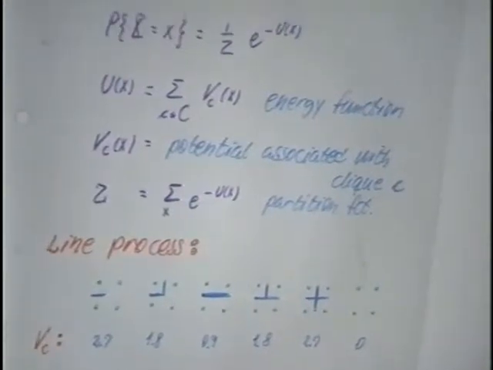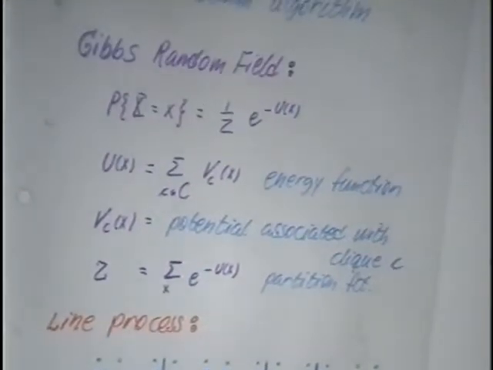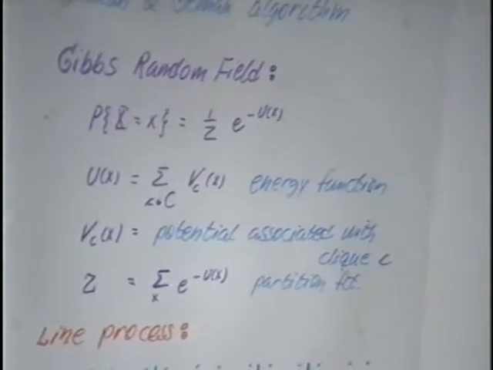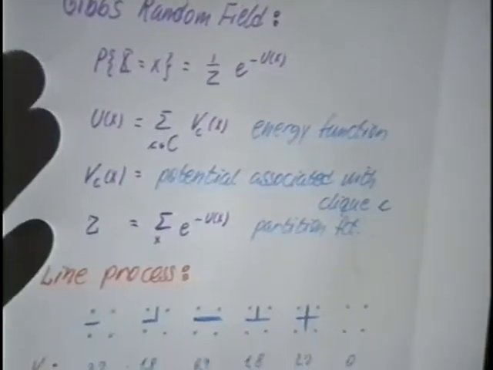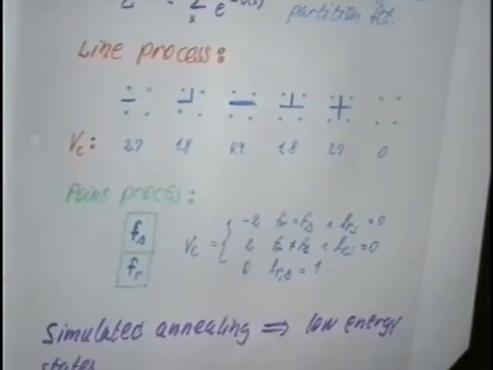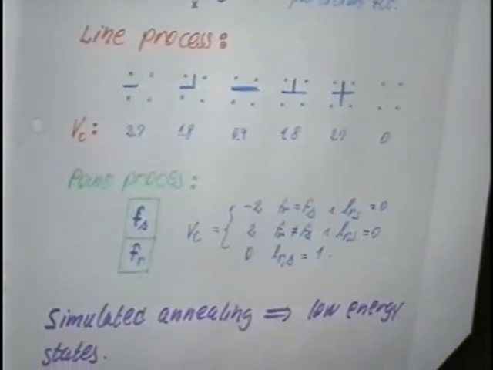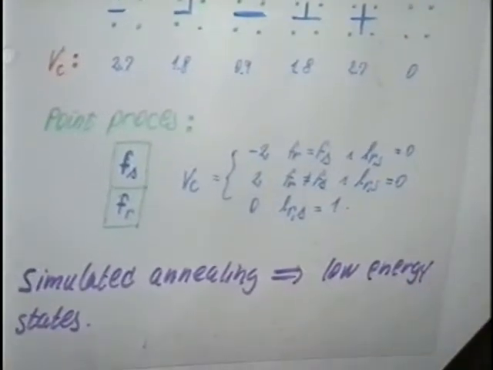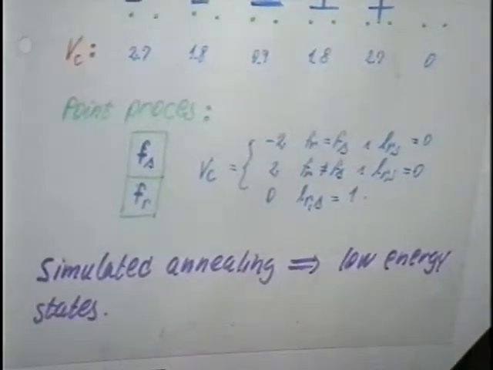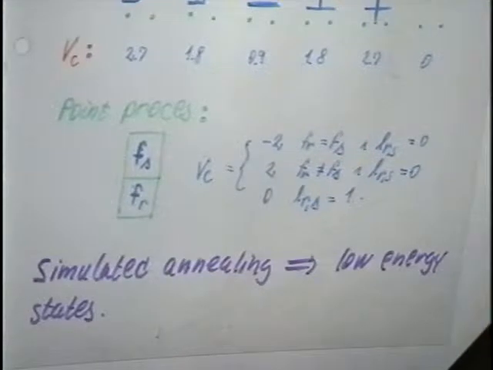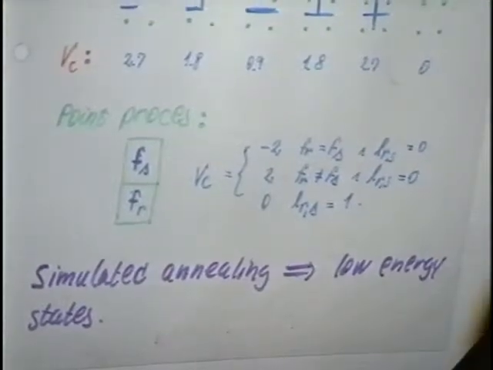Another approach, also using these Markovian random fields, or the Gibbs random fields, is introduced by the brothers Geman and Geman. And their main contribution is not as much using this random field. I think personally that they also introduce a line process in order to distinguish between different areas of the image. And by doing so, they may obtain sharper edges in a segmentation of images.